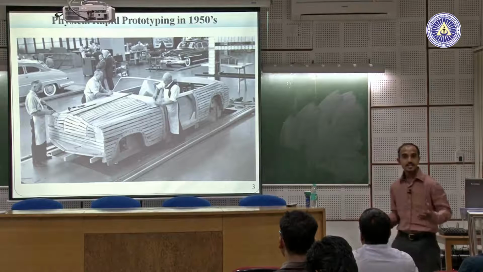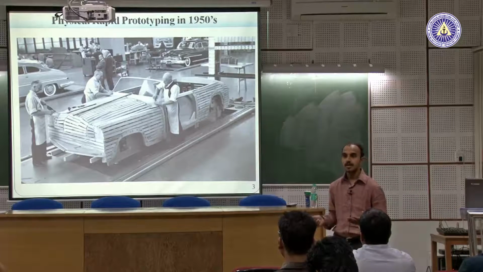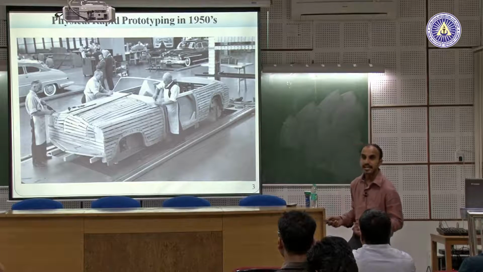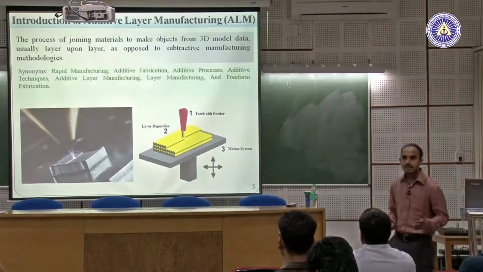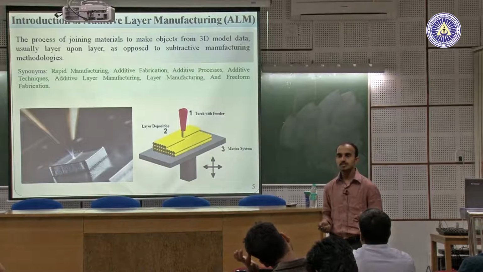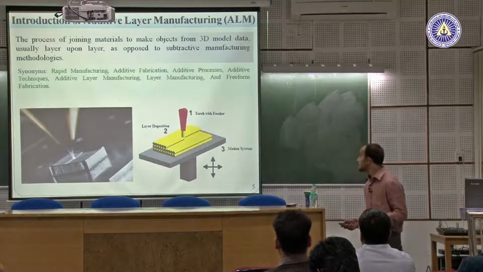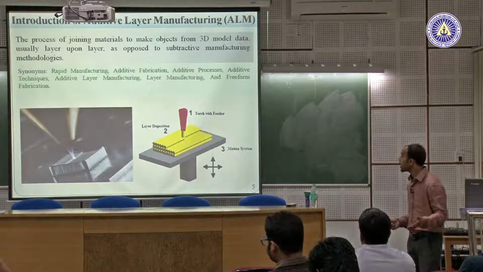So it has led to the development of advanced manufacturing systems such as ALM. ALM stands for additive layer manufacturing, which is used for free form fabrication, repairing components that cannot be repaired by traditional methods, and adding features to castings and forgings.